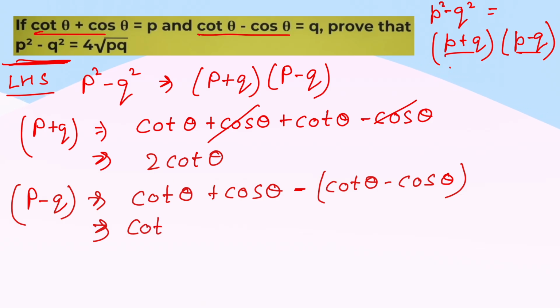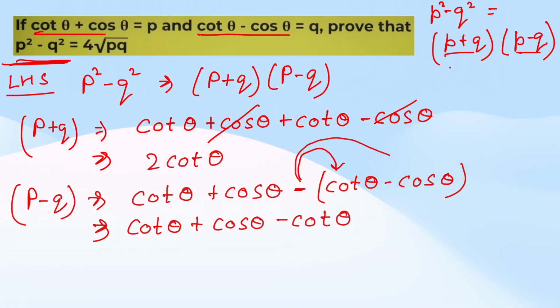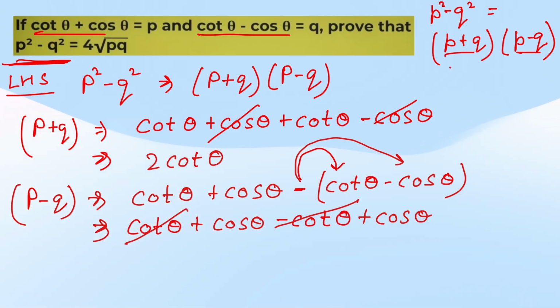It will become cot theta plus cos theta, the minus sign will go inside, so it will become minus cot theta. Minus into minus cos theta, minus into minus becomes plus, so plus cos theta, right? Cot positive and cot negative will cancel out each other. It will be equal to 2 cos theta.